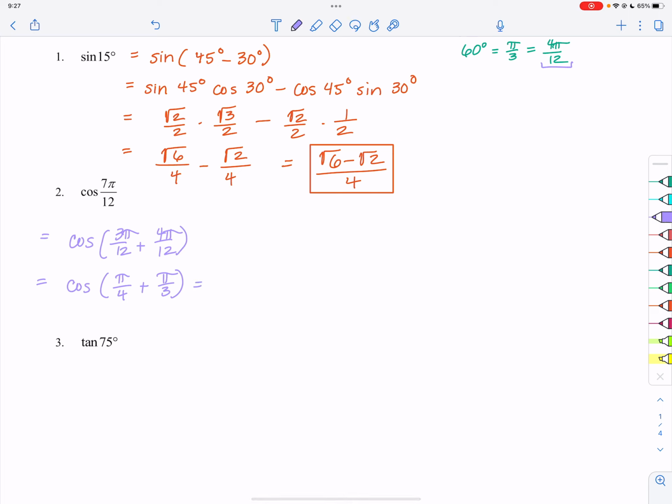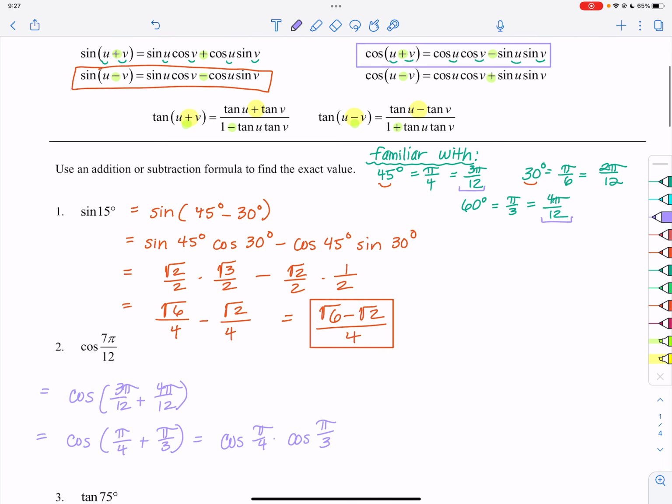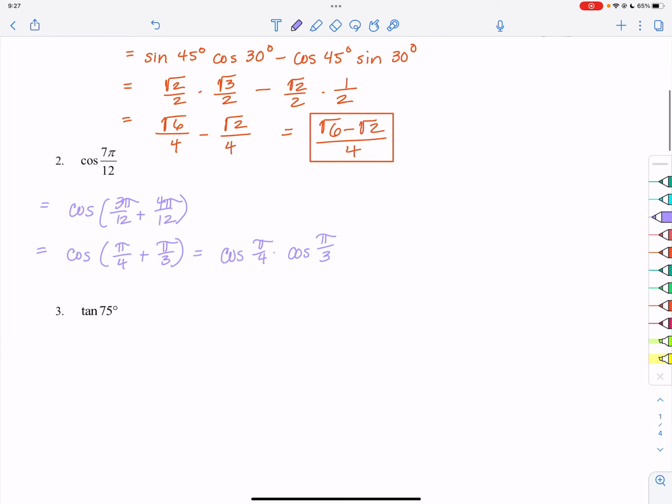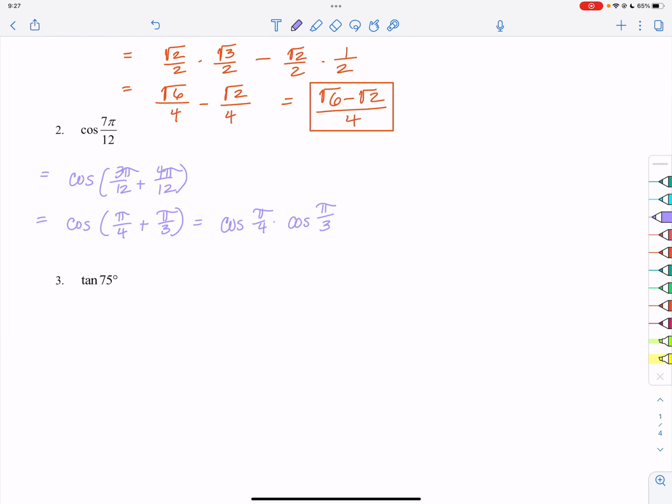And that's equal to, and again, we will have the cosine of each of these angles multiplied together. Whoops, that should be a 3. And now we have that opposite sign. If you remember right here, have that negative if it was a sum, minus the sine of each of those angles.